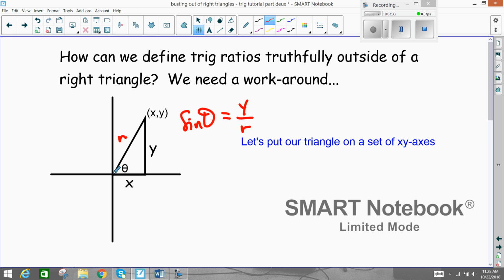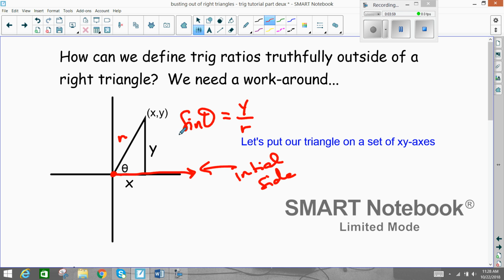An angle in standard position has what's called an initial side. It has its vertex at the origin of my coordinate plane, and it has its initial side as the positive x-axis. Always, always, always.